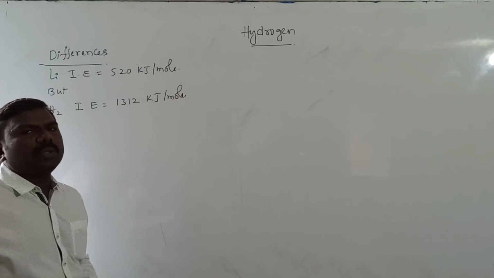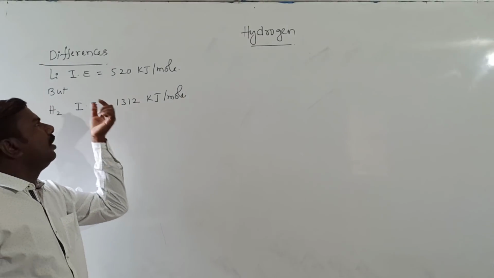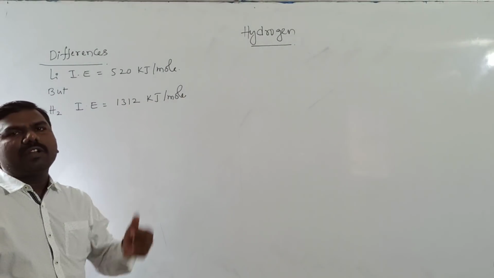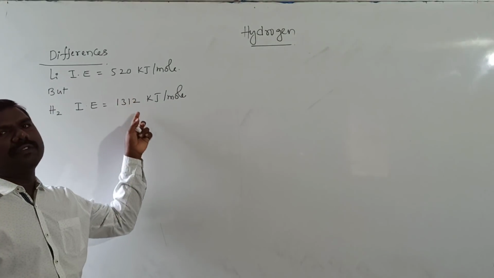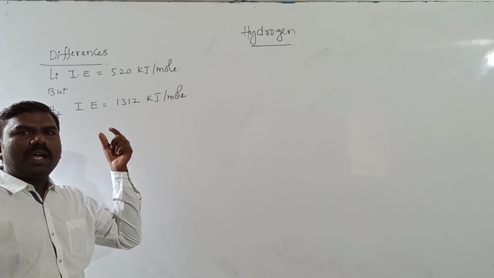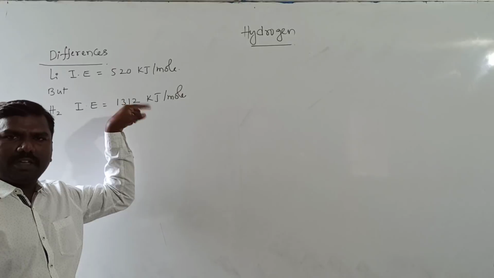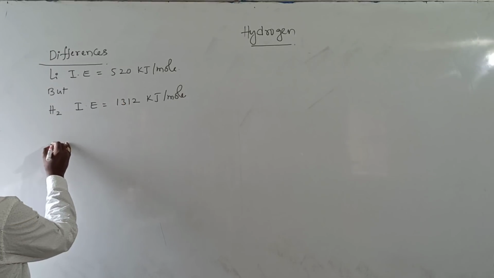It means to remove one electron from the outermost shell of hydrogen, this much energy is required. It means hydrogen has the highest ionization enthalpy when compared with lithium. It is one difference. Next one.